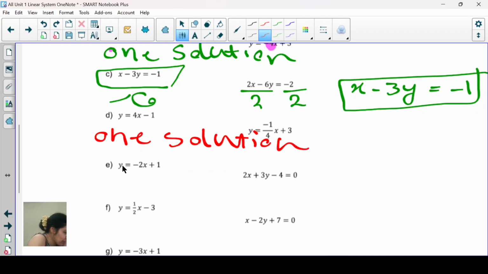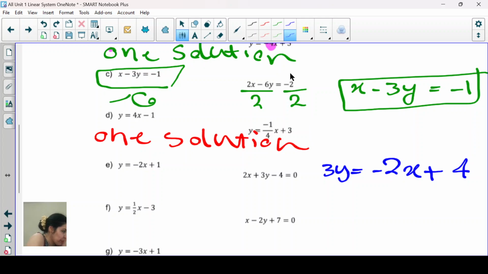In this case, slope is negative 2. Here I'm going to isolate y. So I'm going to write 3y equal to negative 2x plus 4. I move it over to the other side.